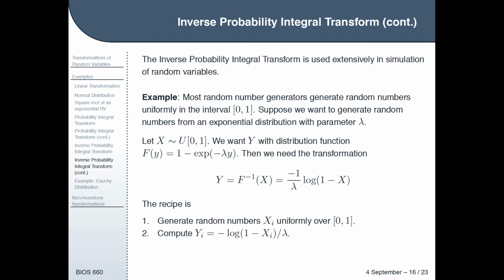But if you need to do what I did and generate random numbers from the surface of an n-dimensional sphere, R isn't going to do that. So in that case, you need to figure out the distribution function for whatever distribution you're trying to sample from, invert it, and then generate uniforms and plug them into the inverse of that distribution function.